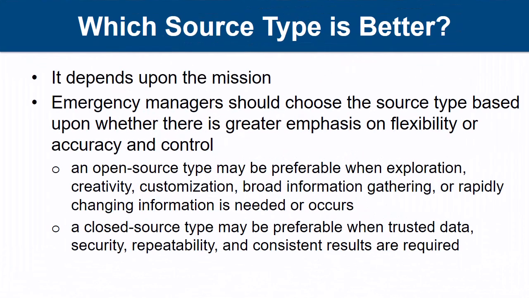An analysis of these two source types begs the question, which source type is better? The answer depends on the mission. The emphasis should be on choosing the appropriate model based largely on whether flexibility or accuracy and control are the greater priorities. Open approaches may be useful when emergency managers need exploration, creativity, customization, broad information gathering, or rapidly changing information.